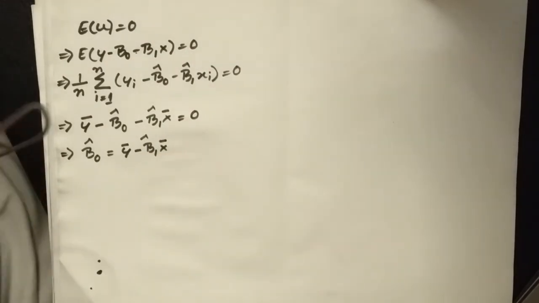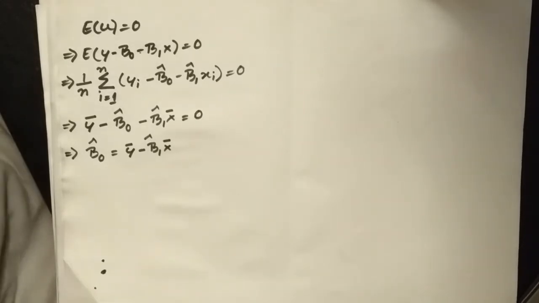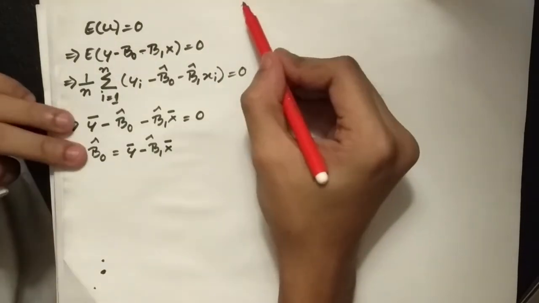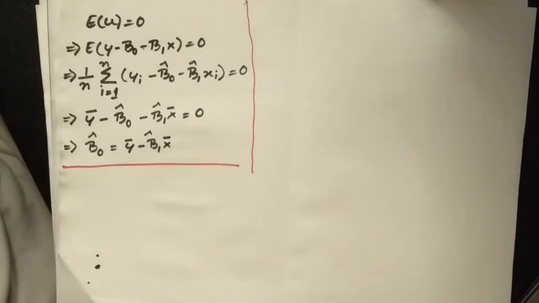So this is the value of beta naught hat, and now we can derive the value of beta 1 hat.